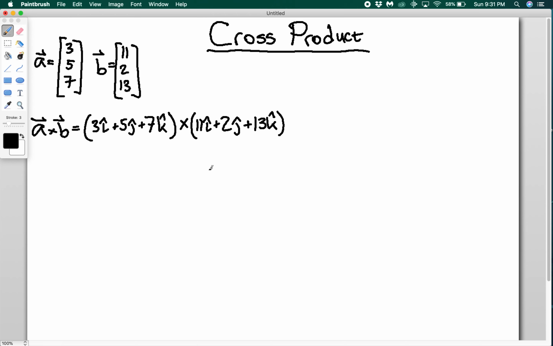The way that you FOIL this with vectors like this is you multiply the scalars, so 3 times 11 is 33. And then you have to take the cross product of i hat cross i hat. So we have times i hat cross i hat. And then over here we continue distributing, so I have plus 6 times i hat cross j hat, and then plus 39 times i hat cross k hat.